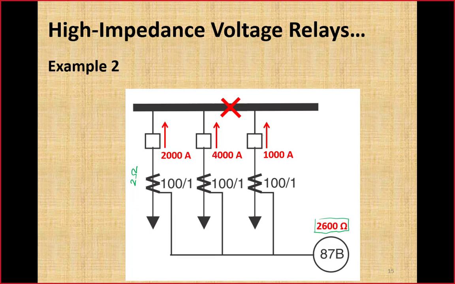So this is the statement of the question. I'm repeating it again. We need to find the V set for the relay, and we will evaluate the voltage across the relay for an internal fault. This should be evaluated for a bus fault.